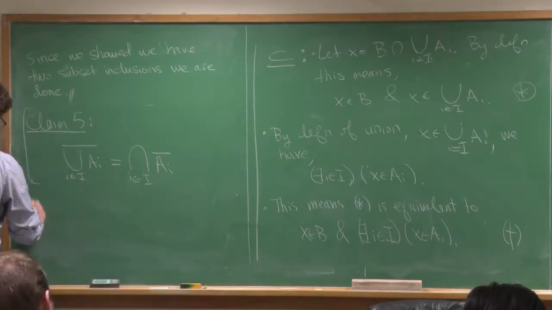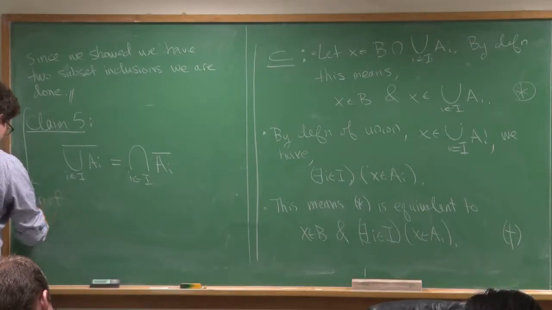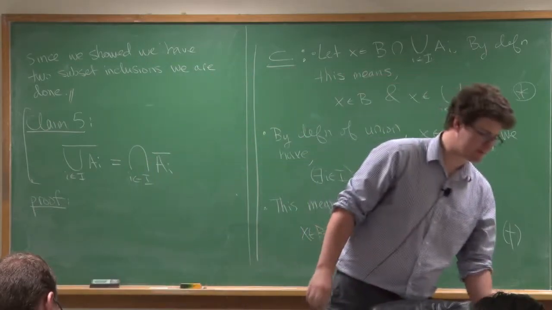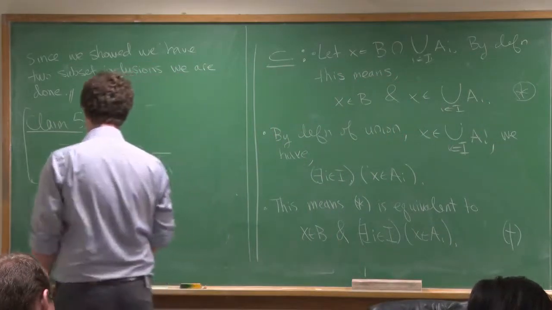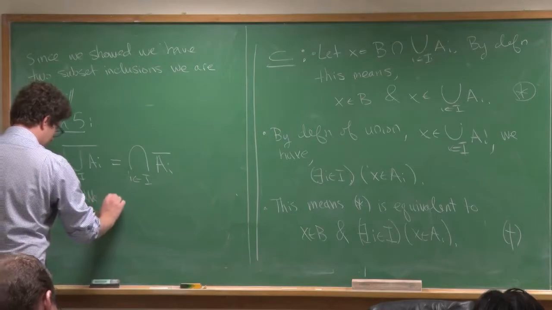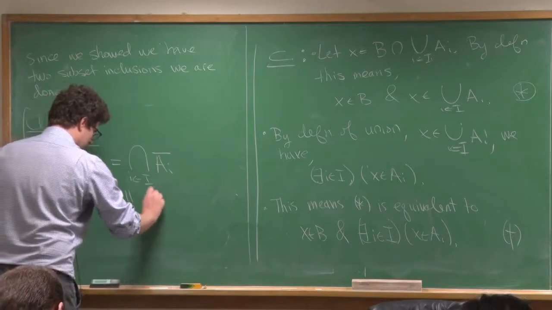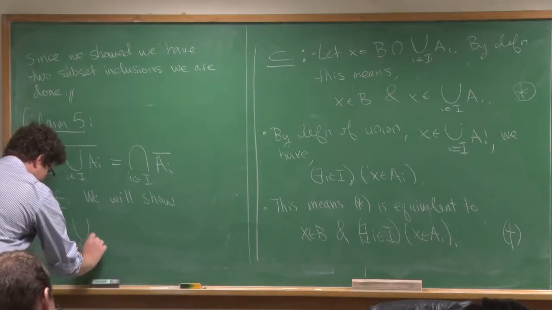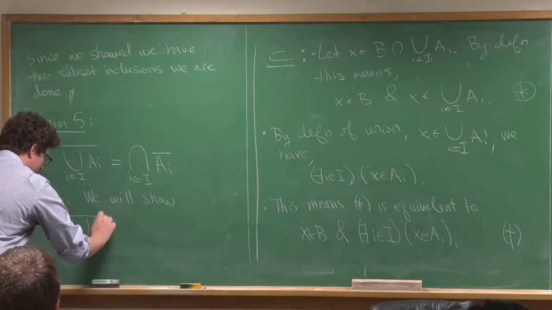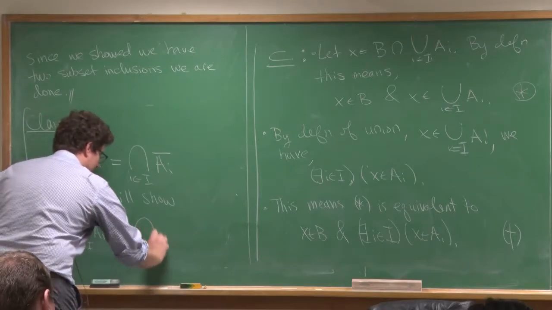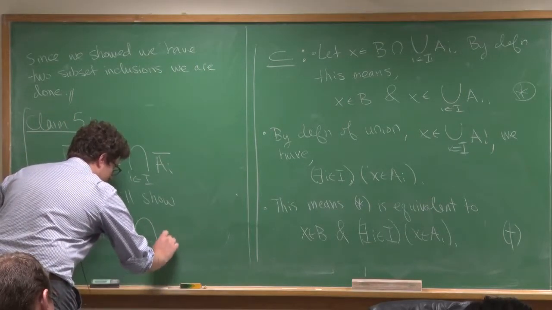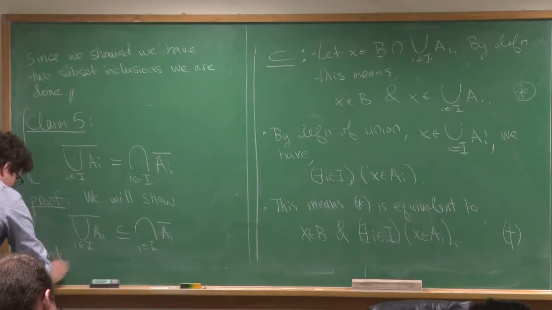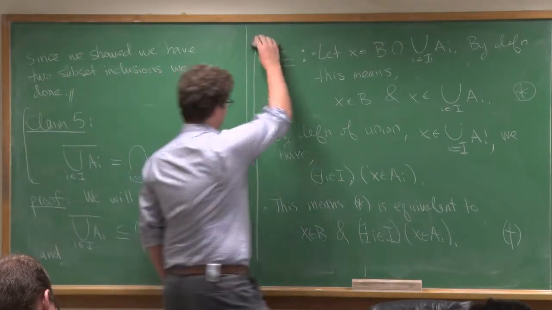Let's do the proof of this claim. We will show that there are two subset inclusions. We will show that this thing, the union over I in I of AI bar, is a subset of the intersection over I in I of AI bar, and then I'll continue up on this line here, or this board.